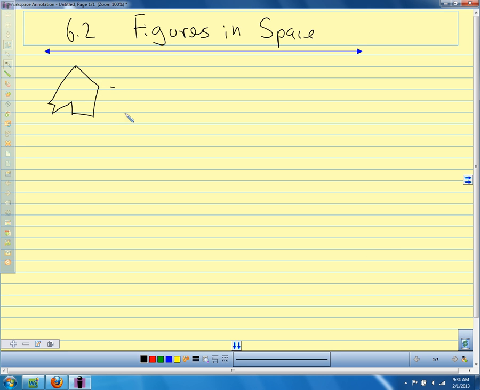What do we call a shape like this? Well, what do we call a shape that had four sides? Quadrilateral. So quadrilateral is four sides.